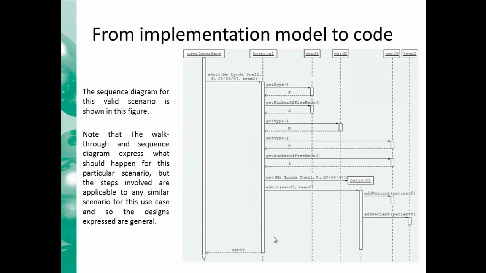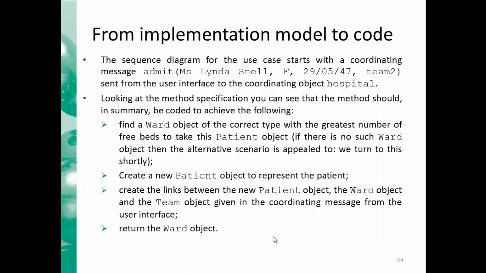Here is the sequence diagram that shows us the steps and walkthrough, in the form of a sequence diagram, of what should happen in this particular scenario. This is a general design that can be applied in this use case all the time. Now we go to the details of implementation, and as you remember in the design, we take the information from the patient and try to create an object of that patient that will represent the patient in our system.